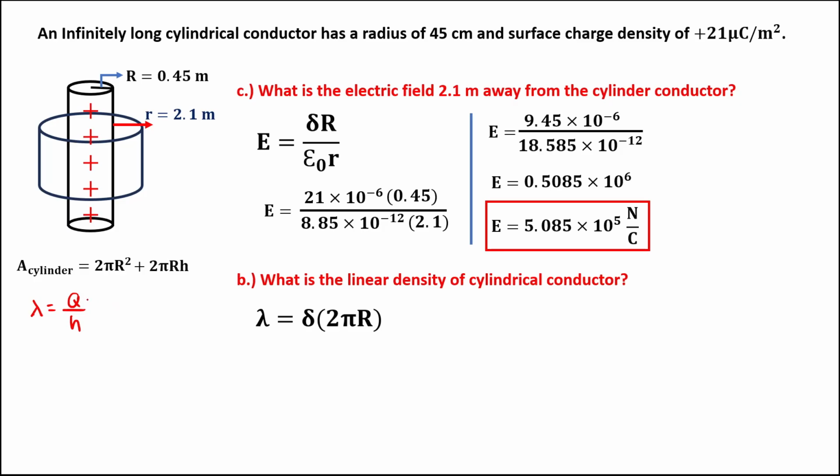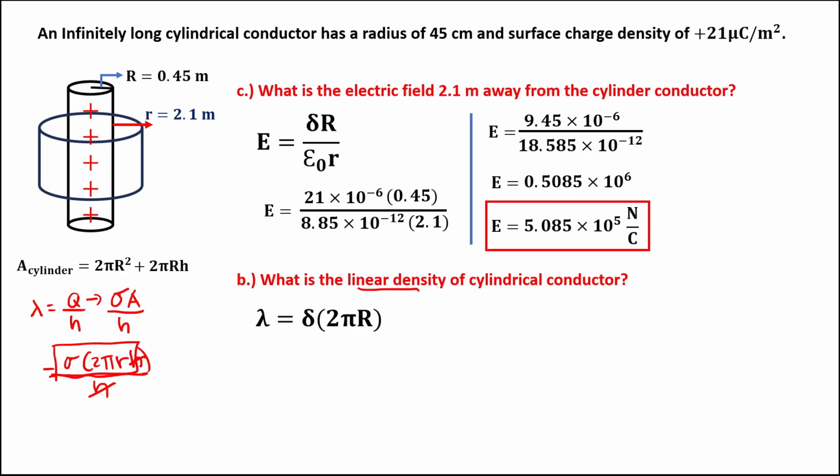Since this total charge is equal to the surface charge density times the area over the height, and for the area, that's 2 pi r times the height, then over the height, we can cancel the height.